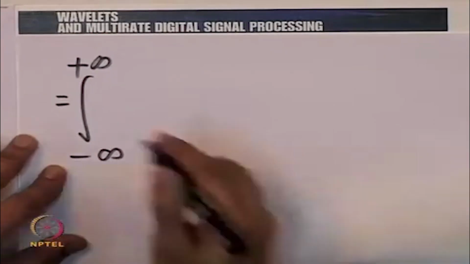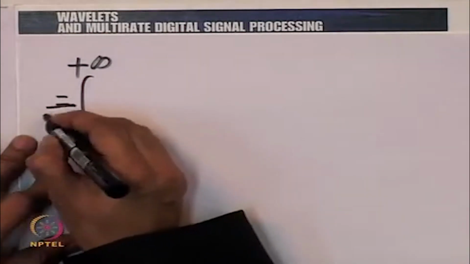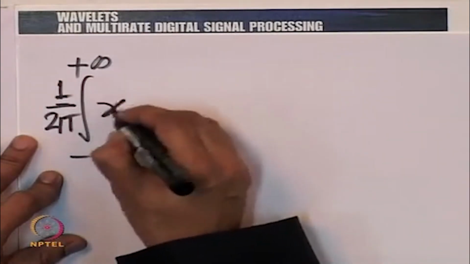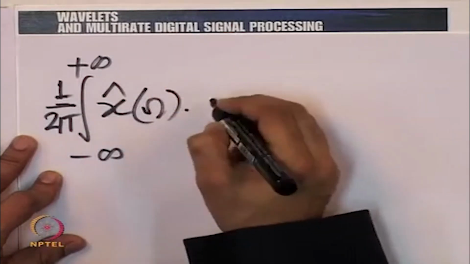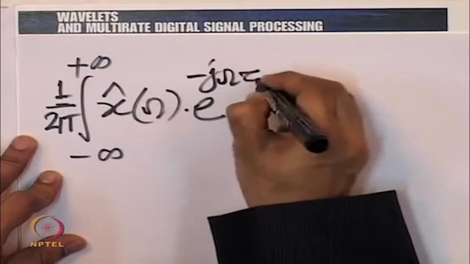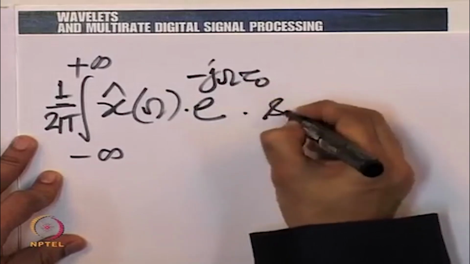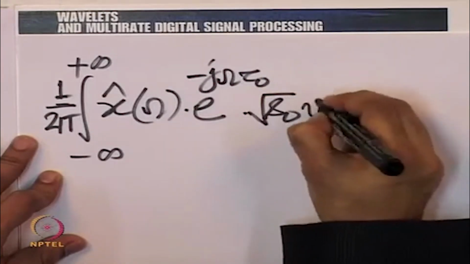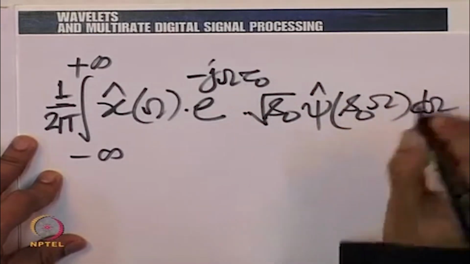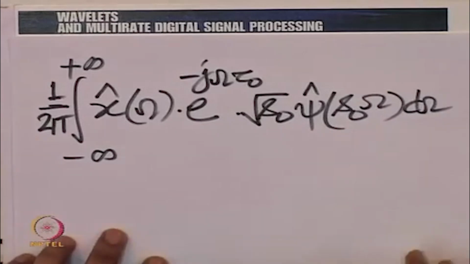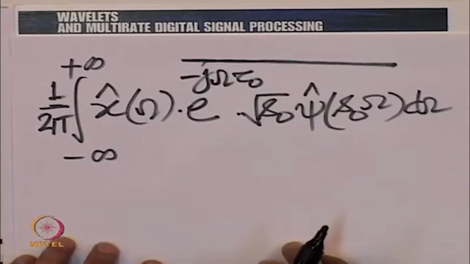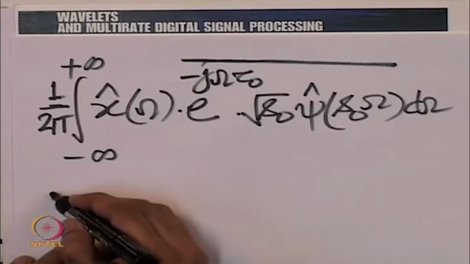So, let me keep that factor of 1 by 2 pi here. This is of course complex conjugated. So, I need to rewrite this a little bit.